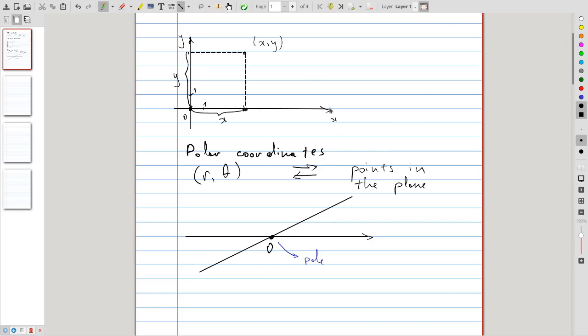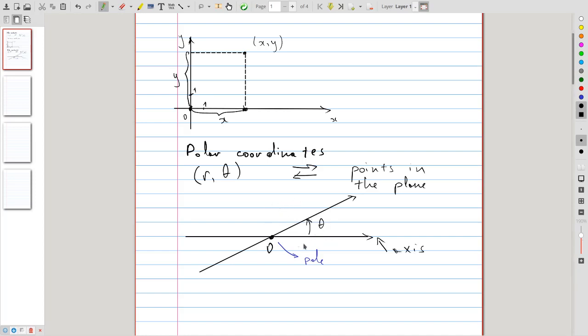So now you're looking at the angle here of size theta. Okay, and then you want to measure distance r along the ray that forms angle theta with the direction of your axis. So this is the fixed direction of the axis. You measure angle theta counterclockwise.